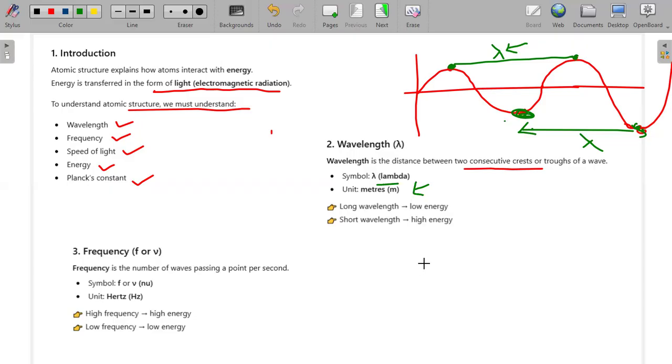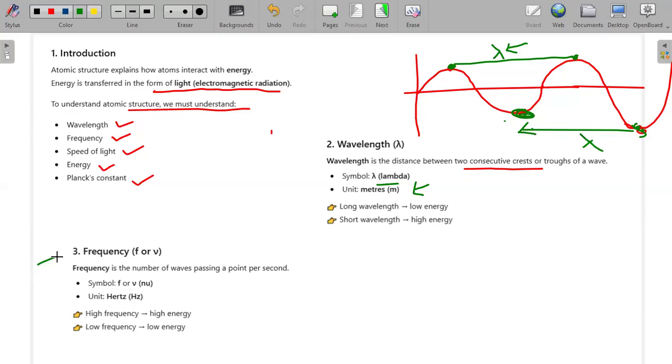We're going to understand why soon. When the wavelength is short, then you expect the energy to be high. Again, I'm going to explain why in a very short period of time when we are talking about the wave equation. So that's all you need to know basically about the wavelength.